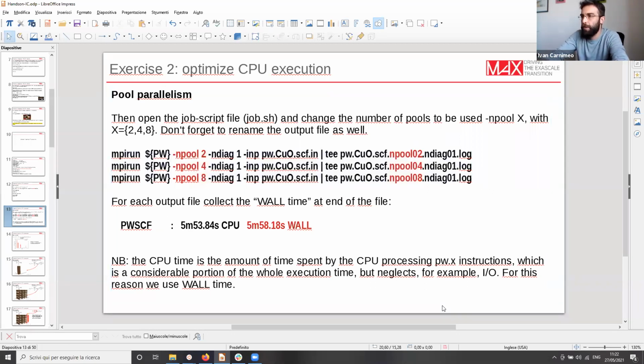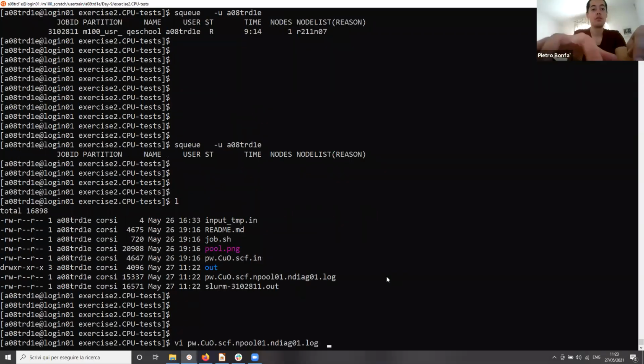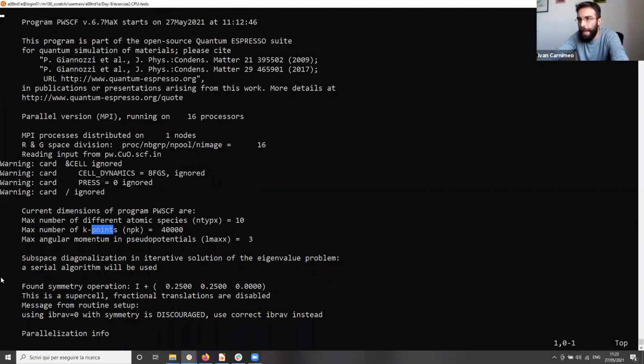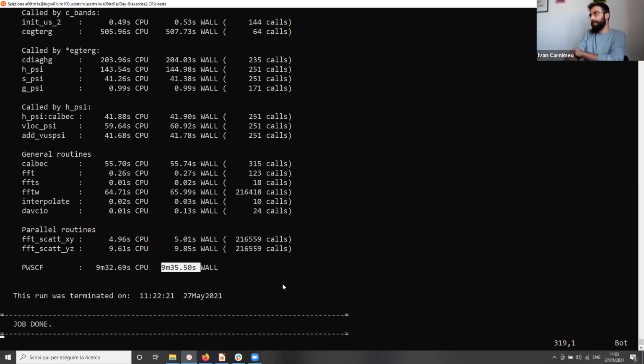Okay, my calculation has now finished. If I look at the output file here, I will find "job done" and the computational time. You will see 2 times at the end of the job, CPU time and wall time. Usually the most reliable one is wall time, because CPU time is just the time in which the CPUs were really working.